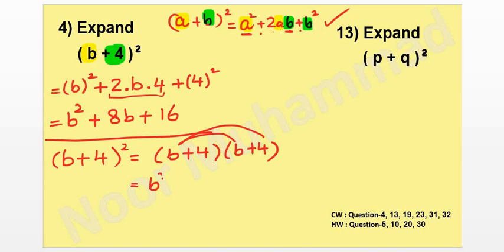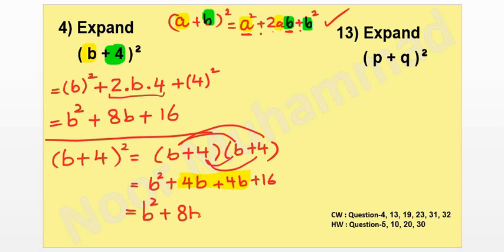So it will give us b squared plus 4b. Now multiply this 4 with this b and 4 with this 4. So it will be 4b plus 16. And finally, because these two are like terms, they can be added. So our answer will become b squared plus 8b plus 16. The same answer as this one, right?